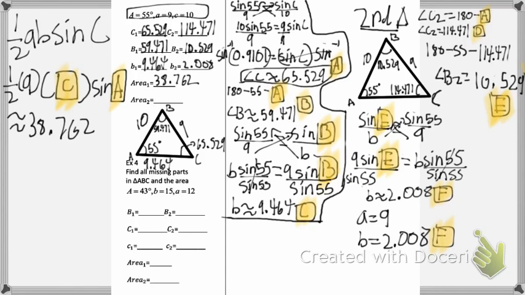And then angle C equals D. So angle C equals D. So like that. So half times 9 times F times sine D.